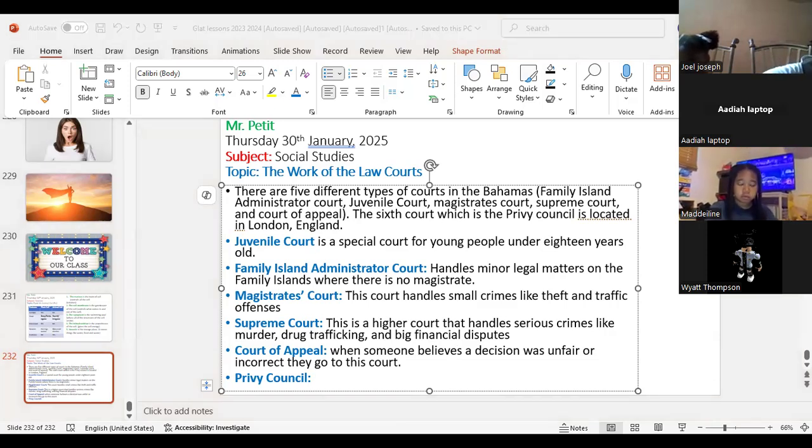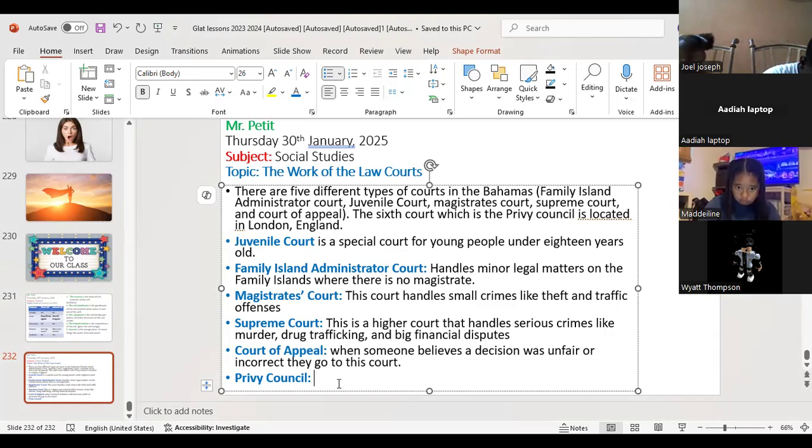Juvenile court. Very good. Now, what is the highest court, Joel? What is the highest court in the whole judicial system of the Bahamas? Like the highest court of appeal that covers the whole jurisdiction of the Bahamas.